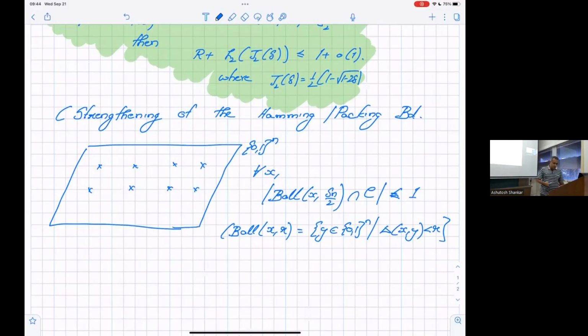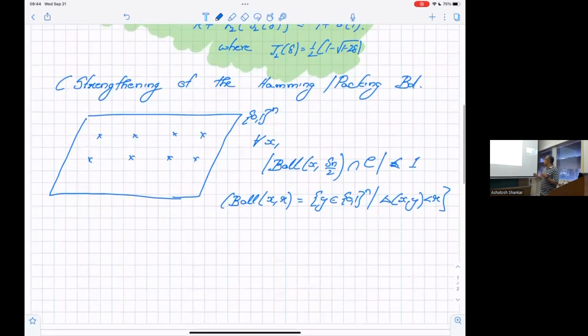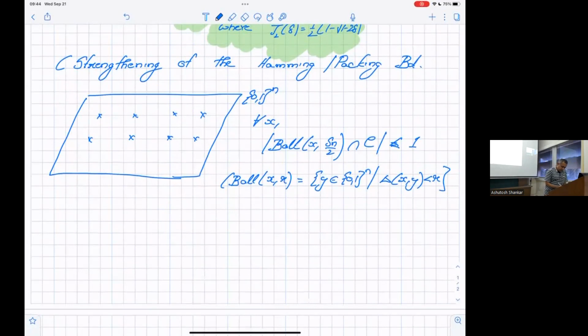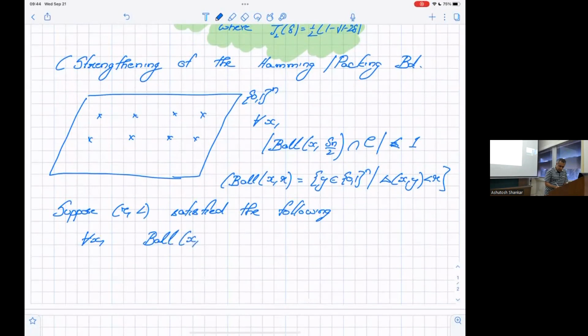The Elias-Bassalygo bound just says: suppose we instead have tau and L satisfying the following. For all x, if you draw the ball around x of radius tau n and intersect it with the code, this is at most of size L. Suppose you had this property instead.